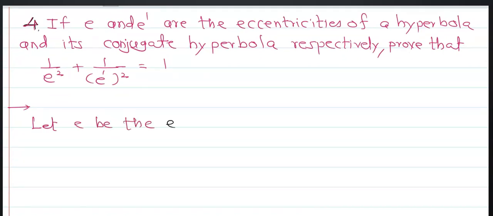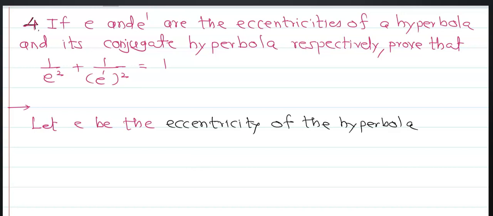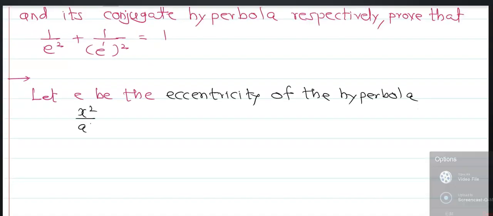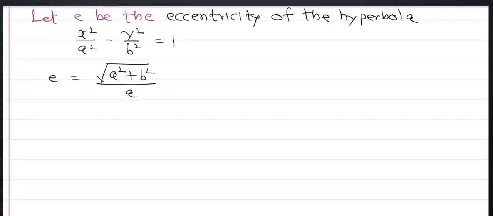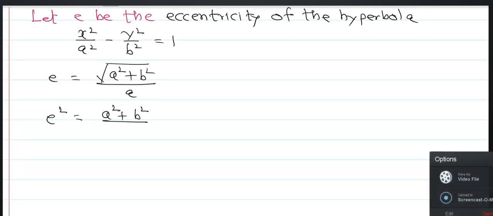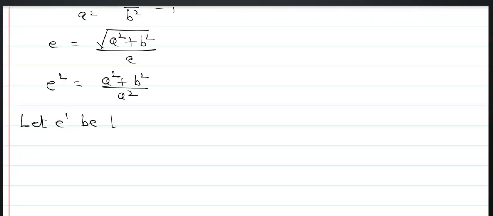Let e be the eccentricity of the hyperbola x square upon a square minus y square upon b square is equal to 1. e is equal to root of a square plus b square upon a. e square is equal to a square plus b square upon a square.